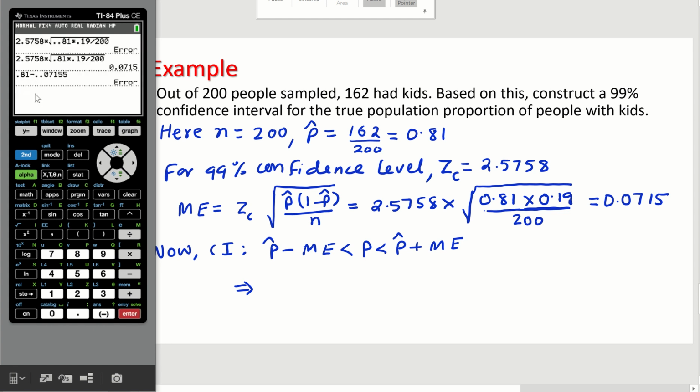I'm typing something wrong. Again, 2 decimal places there. Let me retype it. It's quite difficult to type on the computer. P hat 0.81 times 0.19.